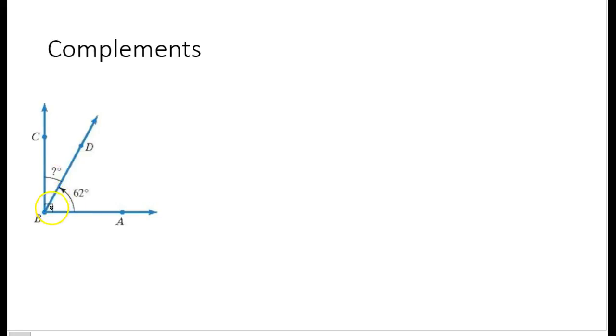We've got a right angle. You can tell it's a right angle by the little box right there. We know that the measure all the way across is 90 degrees. We've got an angle of 62 degrees here, and we want to know what that angle right there with the question mark is. So we would simply say 90 minus 62 equals, what does that equal?